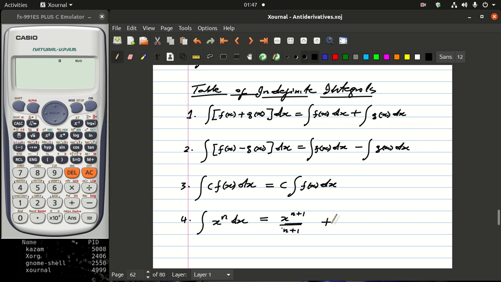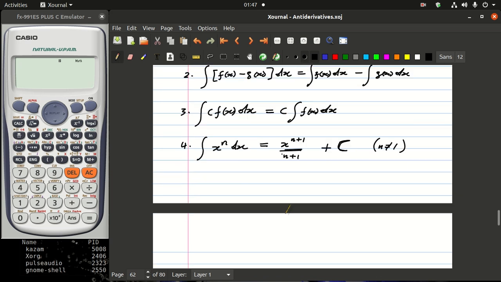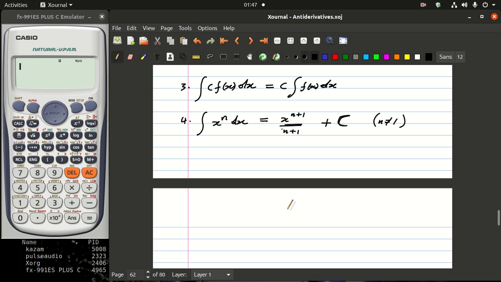Of course, you will have a nice plus c at the end, where this is a constant of integration, given that your n is not equal to negative 1, because if n is equal to negative 1, you know that the most general antiderivative of 1 over x is a ln function. So that is what is happening.